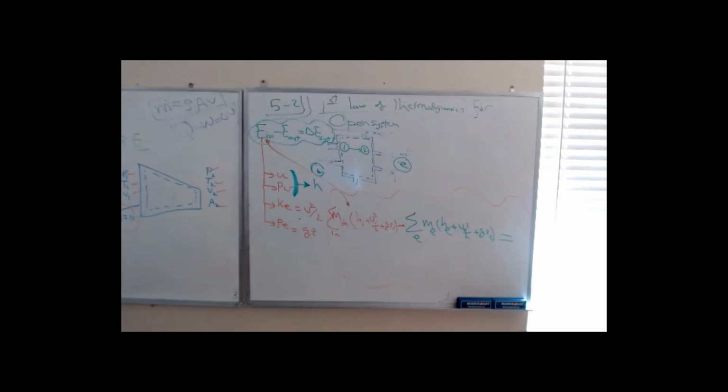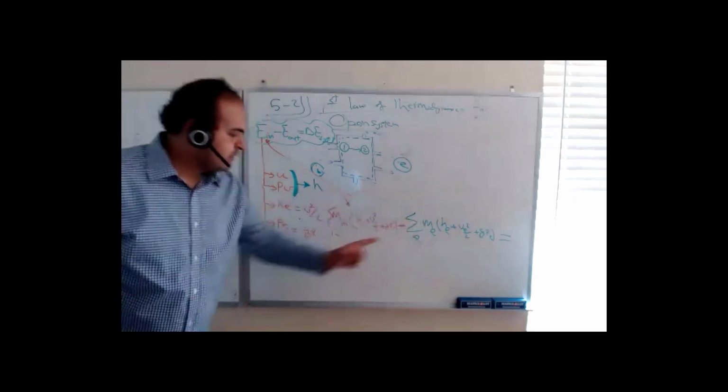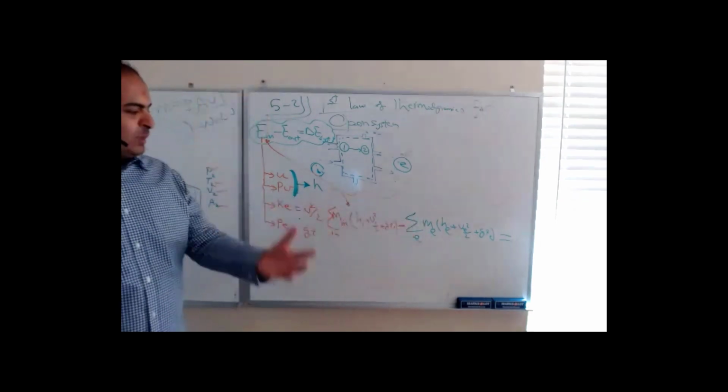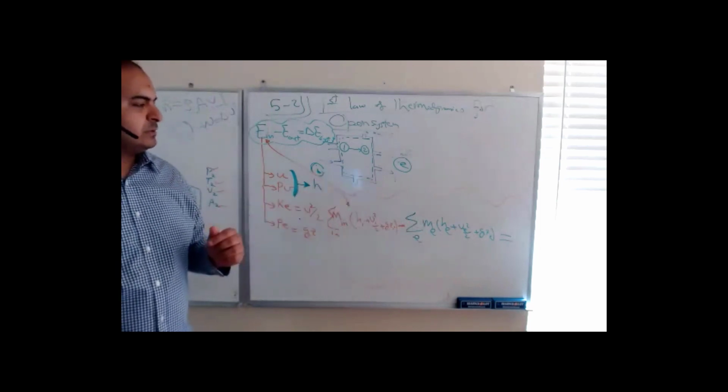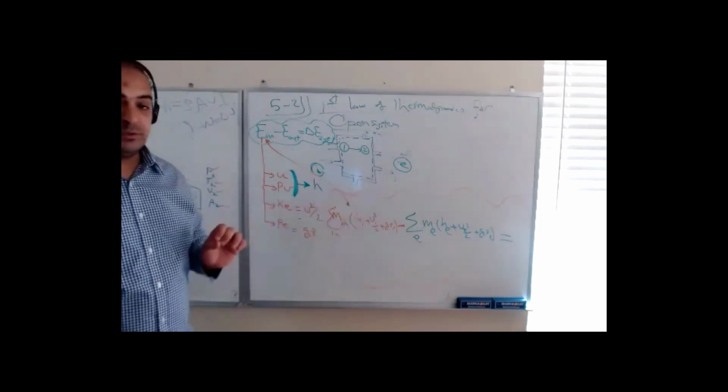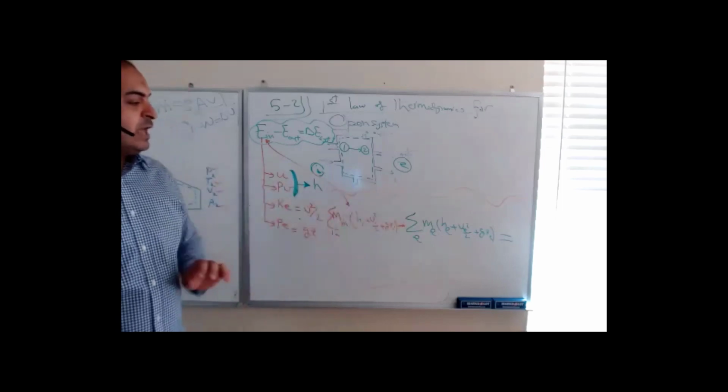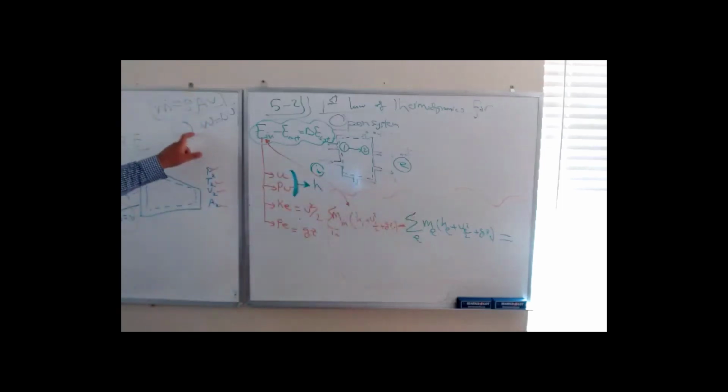It can be 1, it can be 2, can be more. That's why we make a summation. Usually we have one input and usually one output. Sometimes you don't have input or you don't have output. If you don't have both, you go back to the first law of thermodynamics for a closed system.